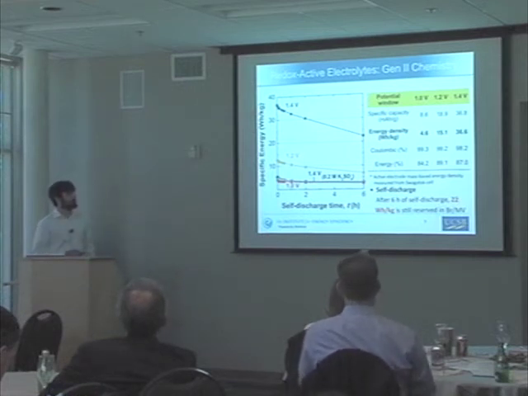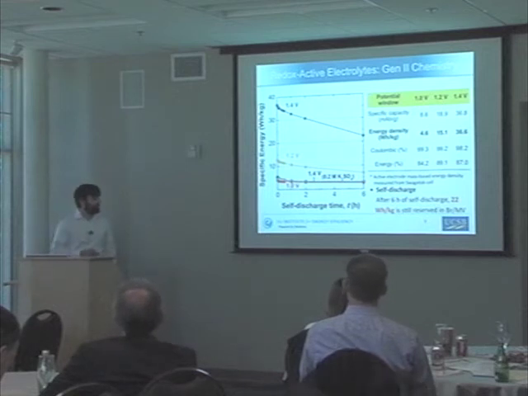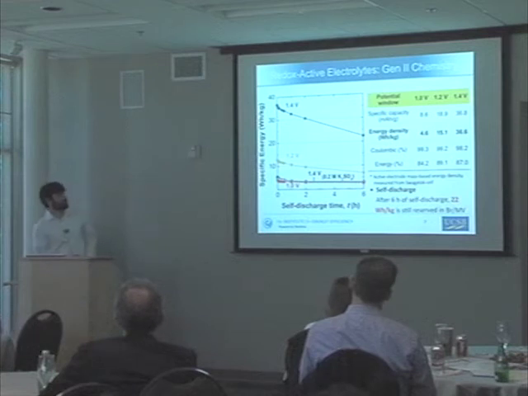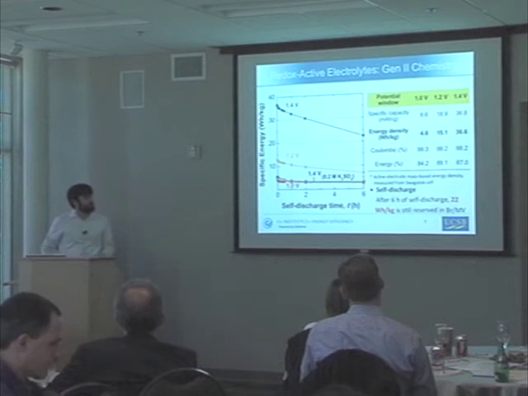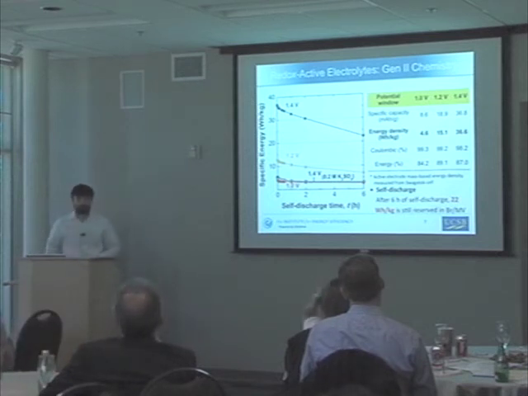This slide shows us that we can, in fact, have relatively low self-discharge rates. When we charge to 1.4 volts, which is the full voltage of the cell, we can get specific capacities approaching 40 watt-hours per kilogram.